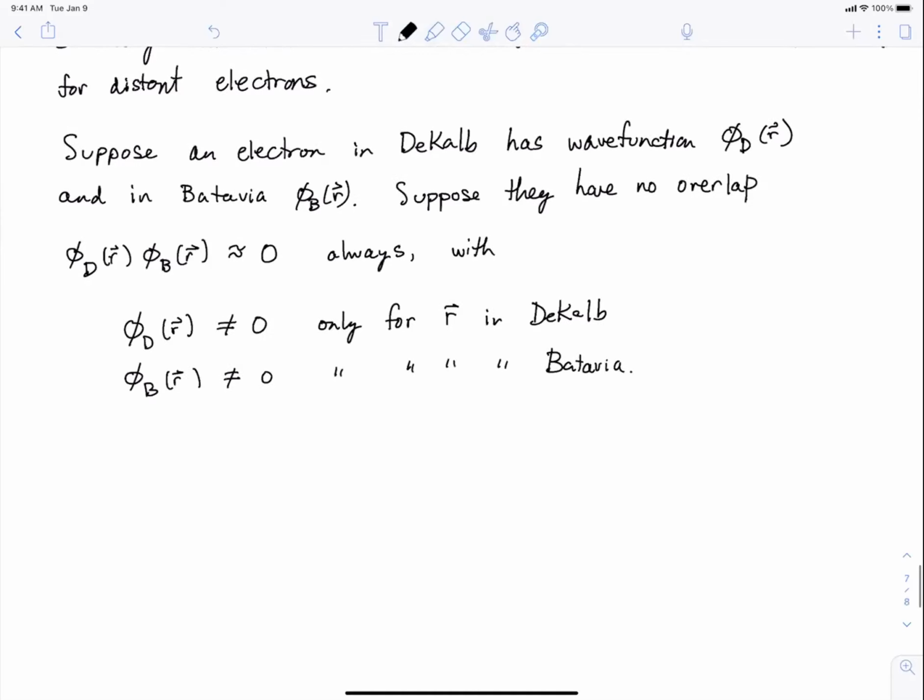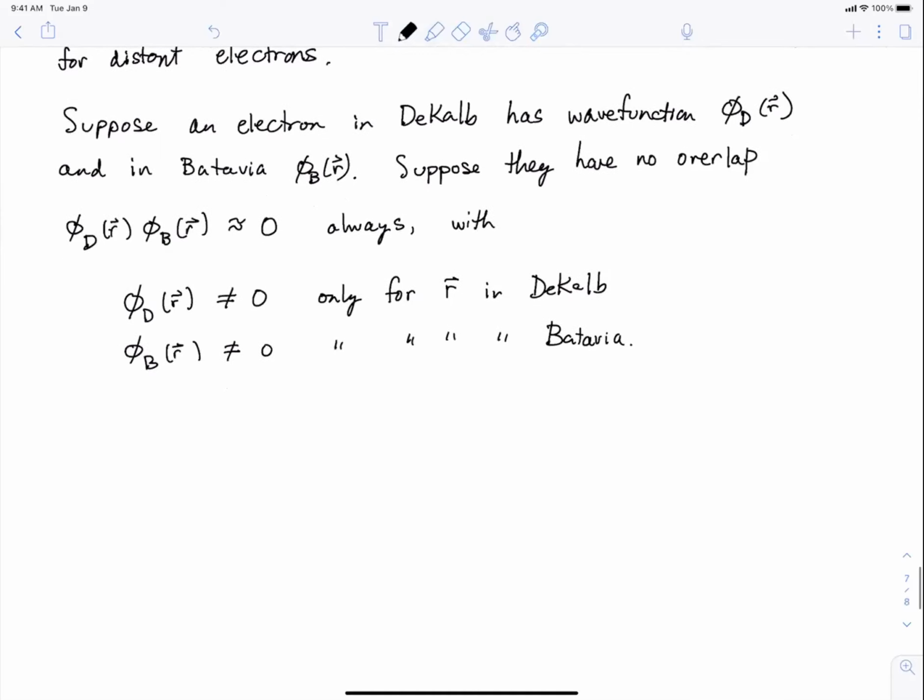Okay, so now let's write down the total wave function, allowing for the different spin states that they could be in.